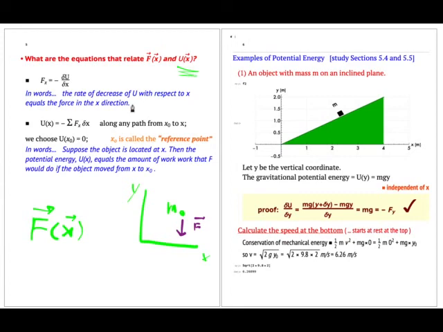Now u is a scalar, so u doesn't have any directionality. But the space is three-dimensional in the most general case. So I can consider the change of the potential energy in three different directions.